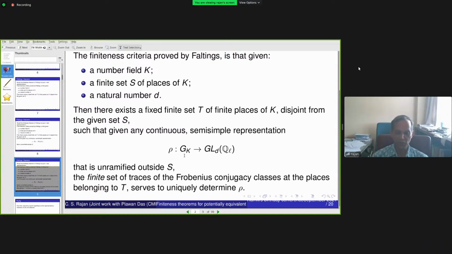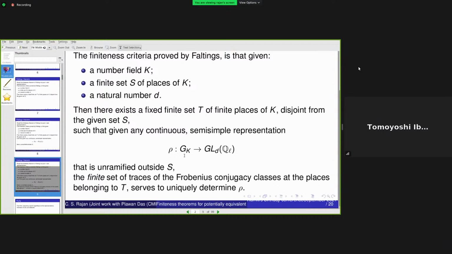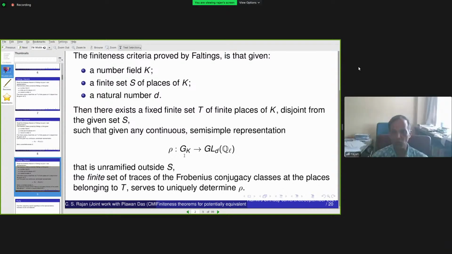But at the places belonging to T, it serves to uniquely determine the representation rho. So that means if you know the character values at the Frobenius conjugacy classes corresponding to the places in T, then the representation is uniquely determined. So you just need to know the character values.